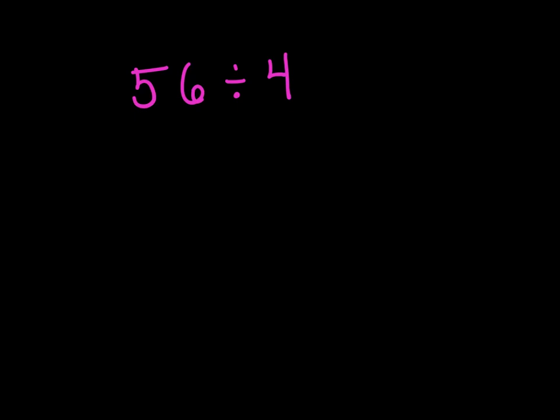56 divided by 4. If we make a number bond, I'm going to take 56, and we're dividing it by 4. So we want to say 4 has to go into that 5. But that's not a 5, that's a 50. So 4 can go into 50. As close as we can get would be 4 tenths, so that would be a 40.